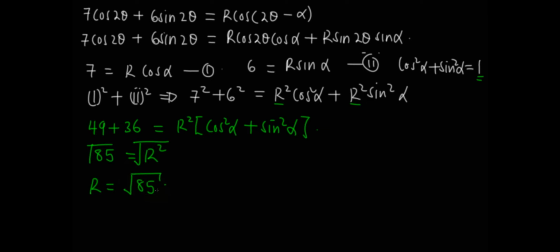Now, in order to obtain α, we are going to substitute r in either equation number 1 or equation number 2. So let us substitute r in equation number 1. So we are going to have 7 equal to the square root of 85 cos α. We divide both sides by the square root of 85.